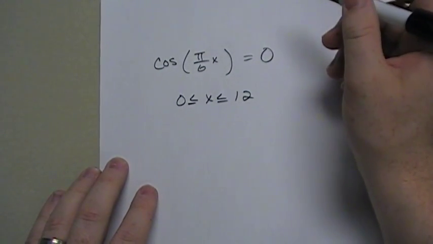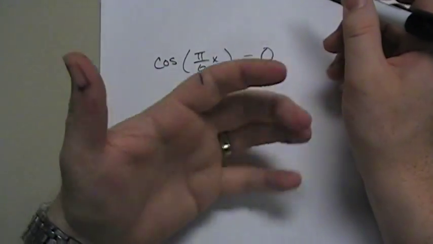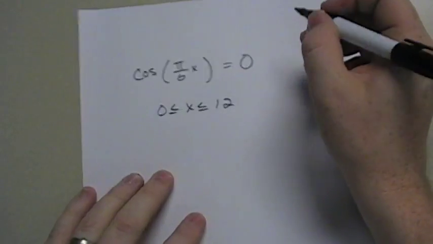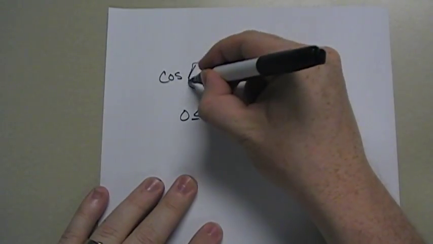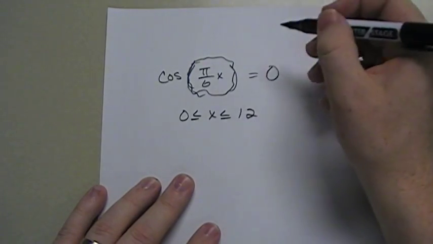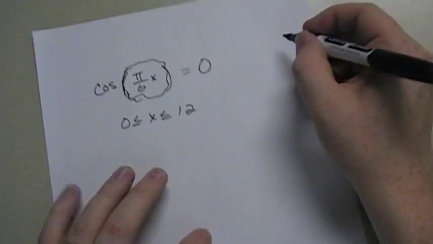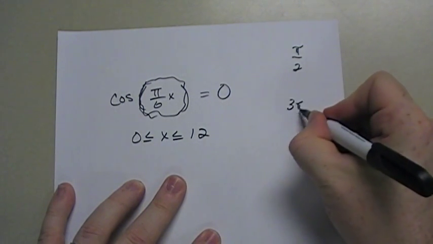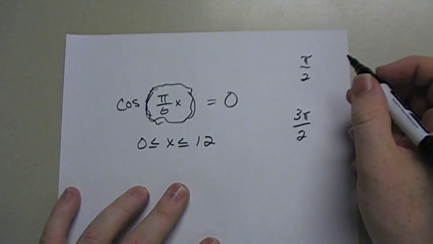Cosine is equal to 0 when there are no fingers above, so square root of 0 over 2, or pi over 2. Again, I just ignore the coefficient. Just say, when is cosine equal to 0? Well, it's pi over 2 and 3 pi over 2. It's when the x-coordinates are 0.